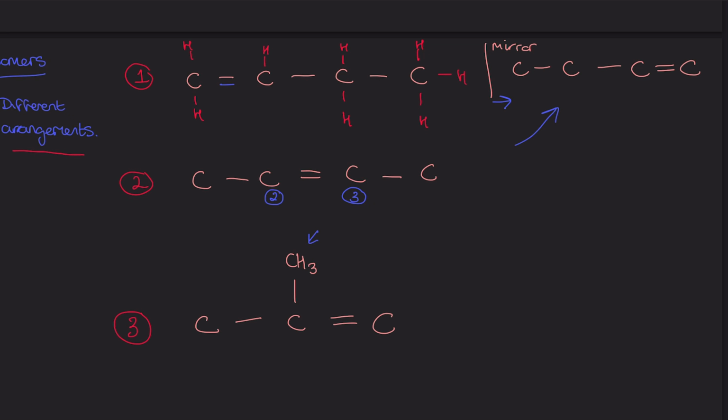Okay, so the longest chain, 1, 2, 3, or 1, 2, 3. So it's definitely going to be propene. Okay, now there is a side group there, so it's going to be called methylpropene.